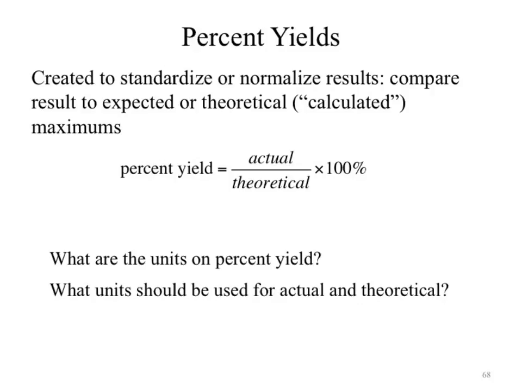Looking at the raw end result number, particularly the mass or moles, does not allow you to compare the validity of an experiment, how good you did. We need to normalize it against something. Have we seen this before? Yeah, it's called your grade. Your grade gets normalized so that we can assign grades appropriately.